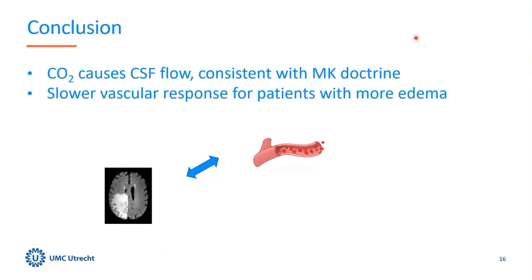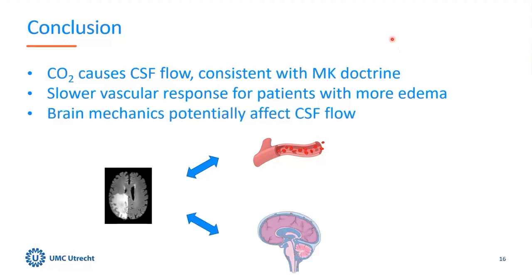We also saw that changes in mechanical properties due to the formation of edema are correlated with a slower vascular response, so changes in the way the vessels react. Potentially these changes in brain mechanics could also lead to changes in CSF flow, but unfortunately, as I already said, we couldn't find that within this current patient cohort with the current methods that we used.